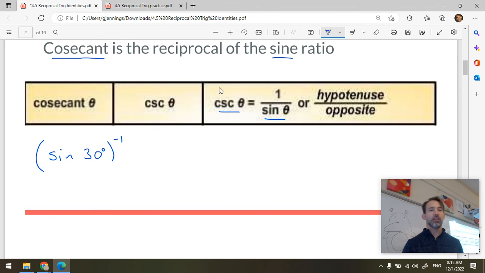So sine 30 to the -1 is going to be equal to 1 over sine 30. What's sine 30? Who can visualize the 30, 60, 90 triangle? 1/2. So what's cosecant 30? Cosecant 30 is equal to 2, because we take sine 30, which is 1/2, and flip it over.